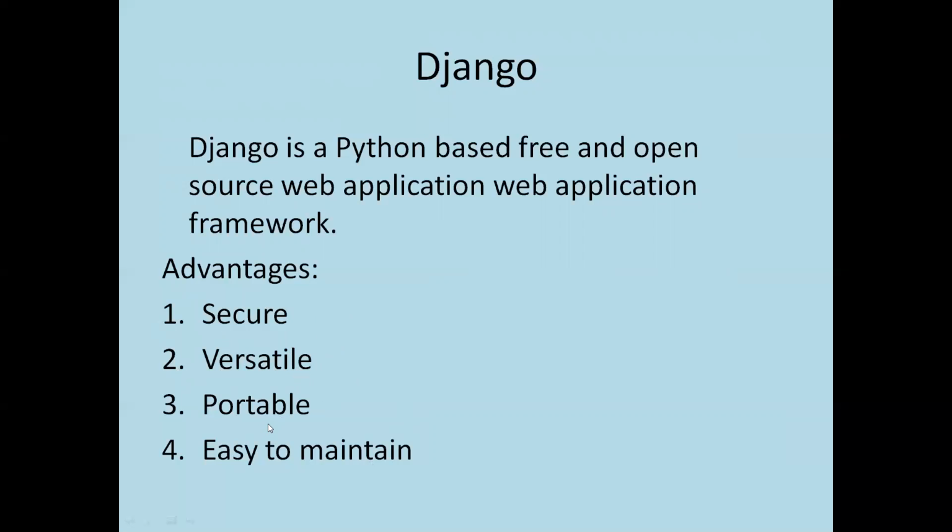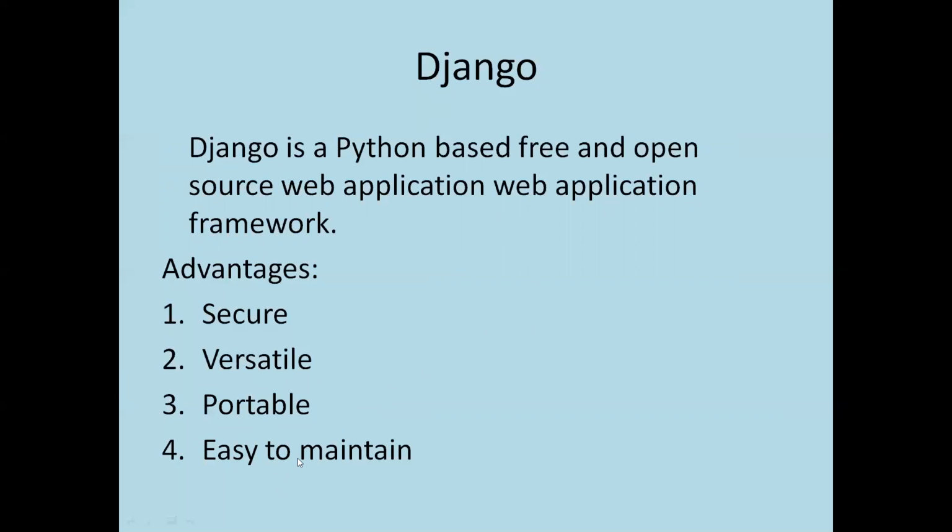As well as that, it is portable. That means it can be run not only on Windows but even on Linux, Mac OS, and other kinds of operating systems. Suppose I am creating my project or application using Django here, and now suppose I want to transfer it to some other operating system, that is also possible using the Django framework.